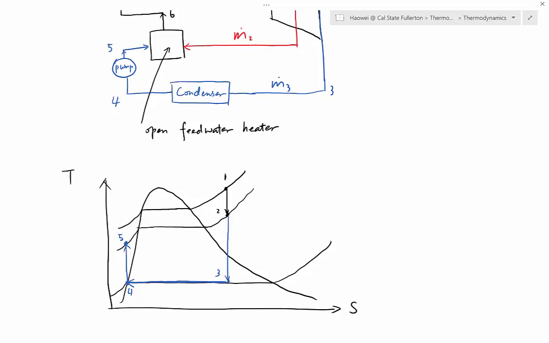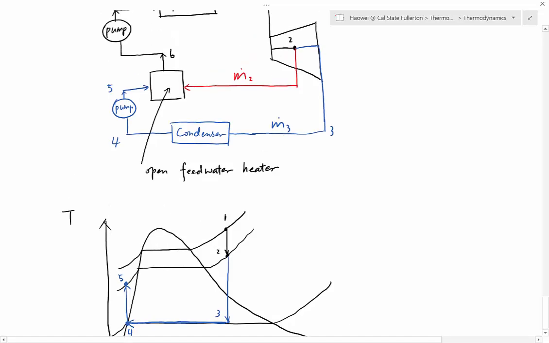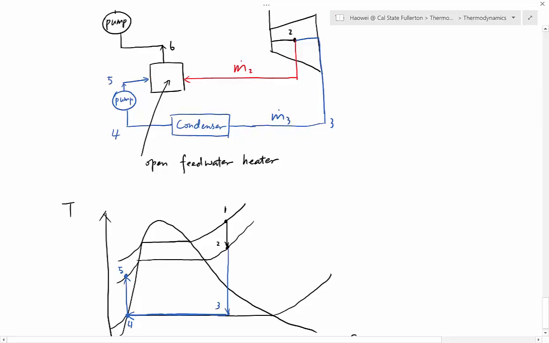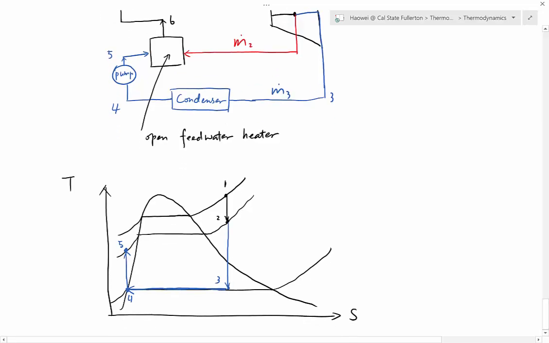Okay, so now let's sketch 5 to 6 and 2 to 6. Let's start from 5 to 6. 5 is cold, and cold water goes in while hot water number 2 also goes in. They mix up, so warm water comes out. So for 5 to 6, it's cold going in, warm water comes out. It's actually a process to gain heat. So how do we sketch 5 to 6? 5 to 6 is a process to gain heat.